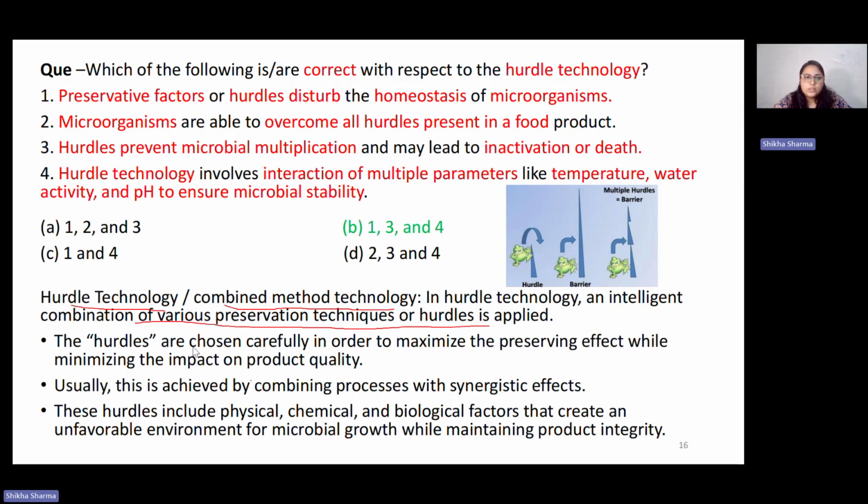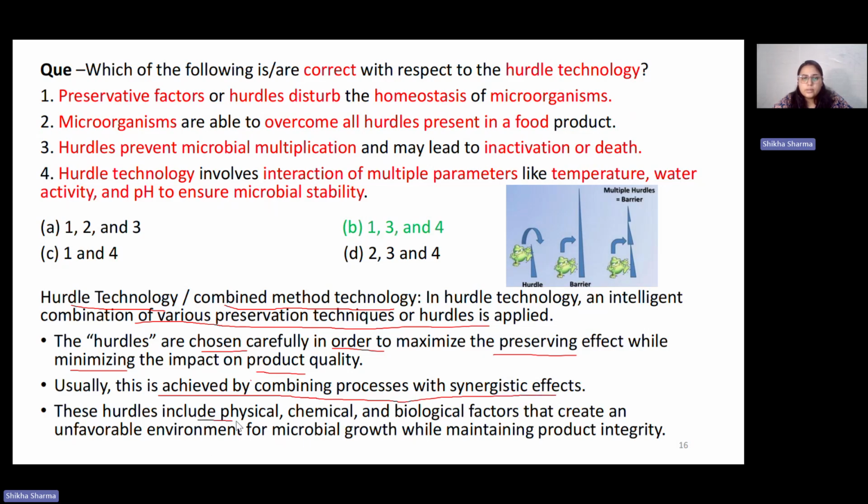The hurdles are chosen carefully in order to maximize the preserving effects while minimizing the impact on the product quality. Usually, this is achieved by combining processes with synergetic effects.